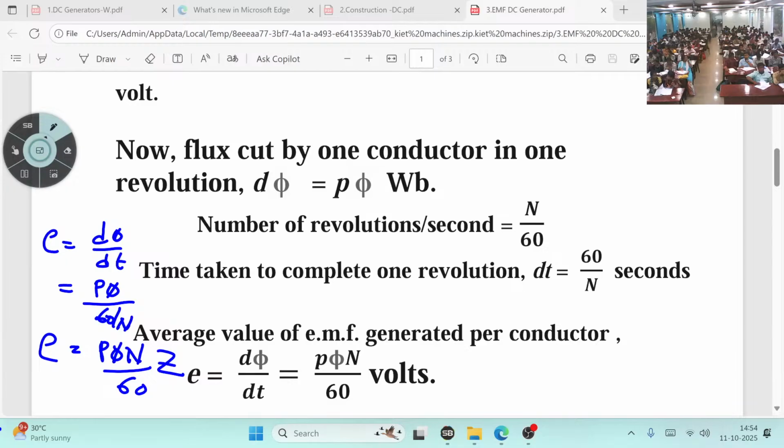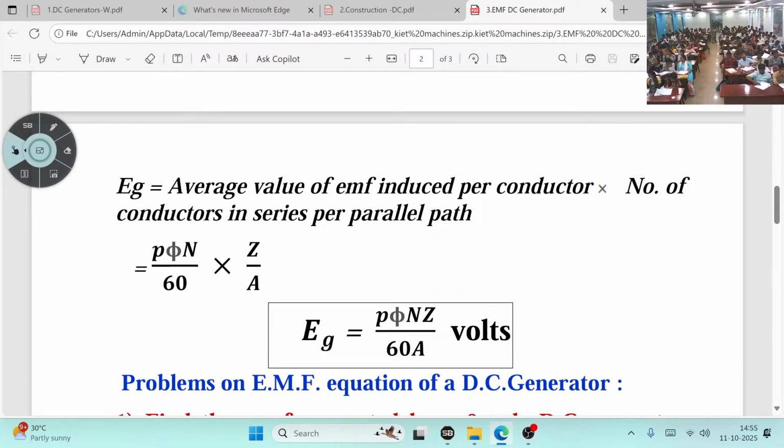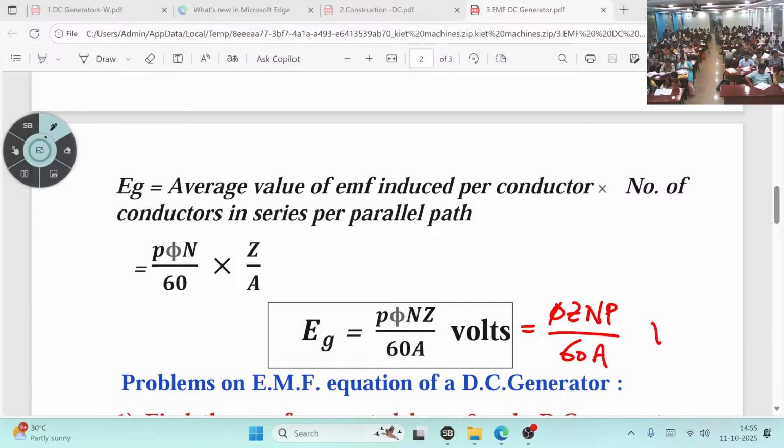So the total average EMF induced in the DC generator is given by the formula phi Z N P by 60A, in volts.